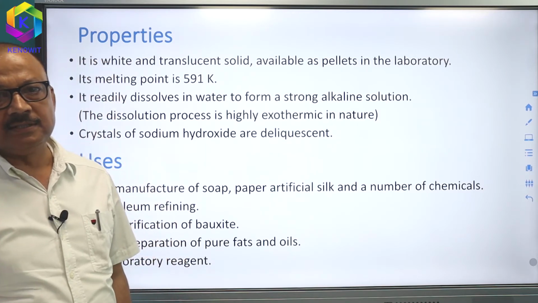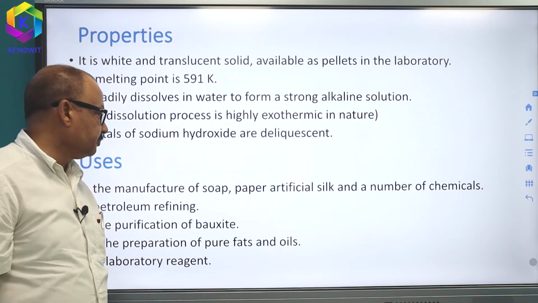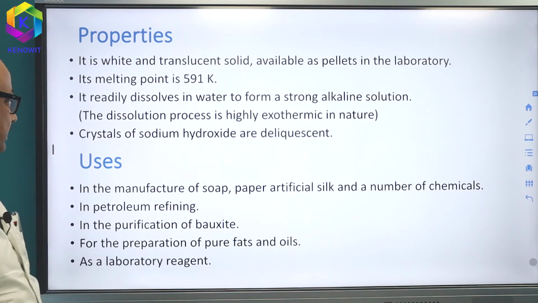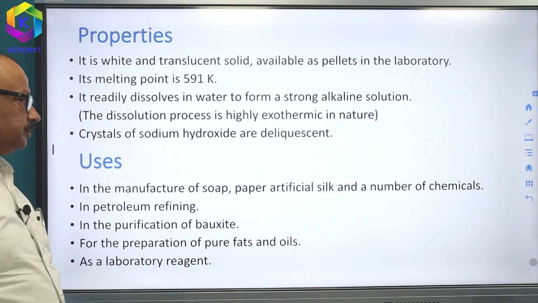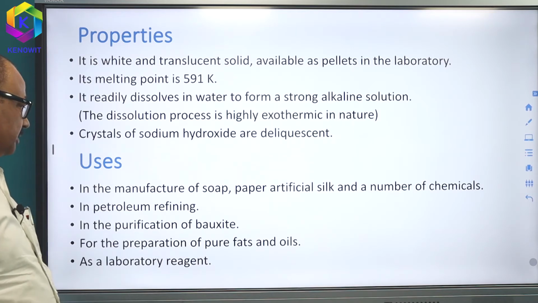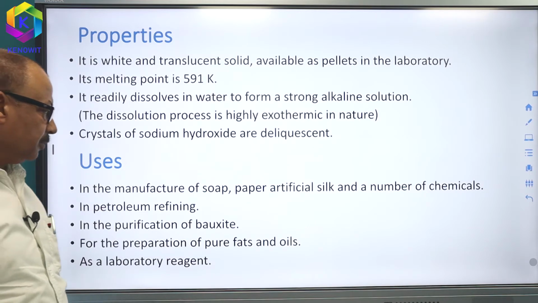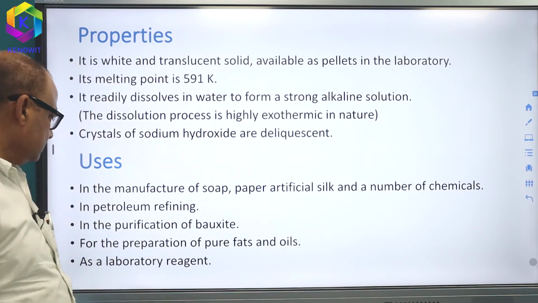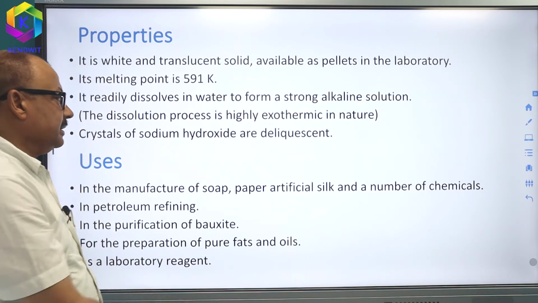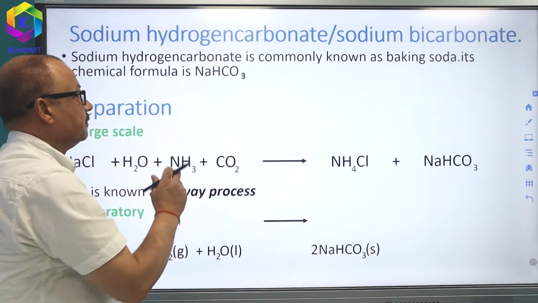That is why this reaction is known as an exothermic reaction. And it is used in the manufacturing of soap, paper, silk, a number of chemicals, petroleum refining, purification of bauxite, preparation of pure fats and oils, and as a laboratory reagent.